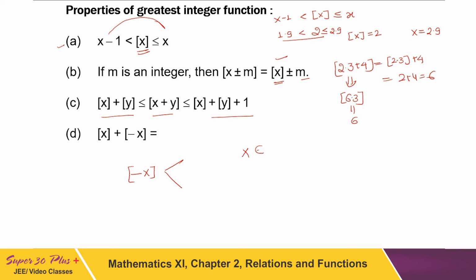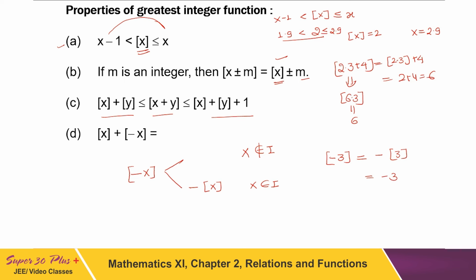If x is an integer, then this is equal to minus times the greatest integer of x. What is the meaning of this? The value of the greatest integer of minus 3 is equal to minus of the greatest integer of 3, which is minus 3. And as we know, the greatest integer of minus 3 is minus 3.